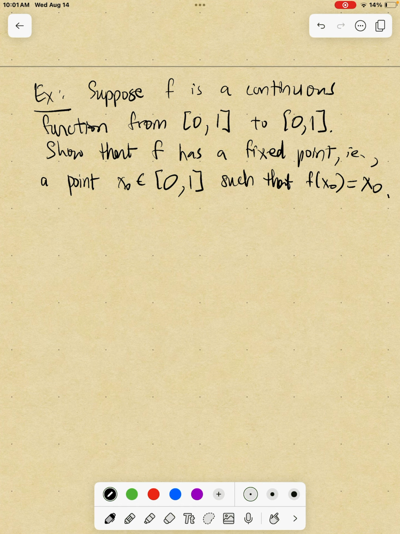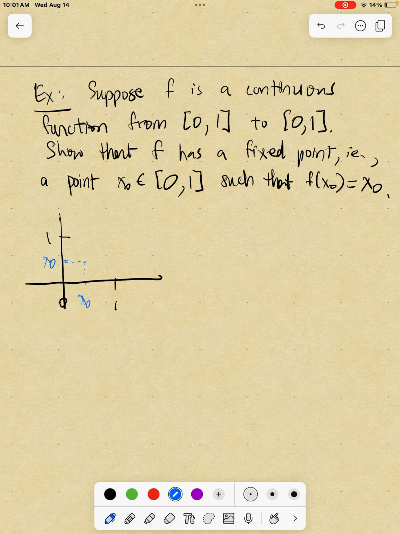So it says that if you have a continuous function from 0 to 1 and the outputs are all in the interval from 0 to 1, then there must be some point x naught whose output is also x naught on the graph.